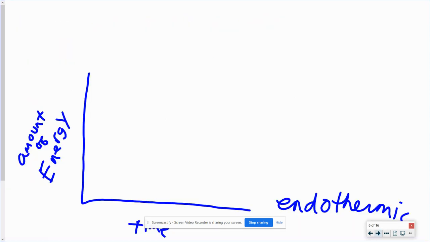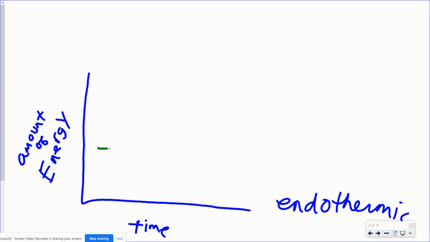We can show this with an energy diagram. And an energy diagram is where we're going to have energy versus time. So the reactants are going to start at some level. Let's say we had A plus B. Okay, so our reaction is A plus B makes AB. So our reactants start at a level.